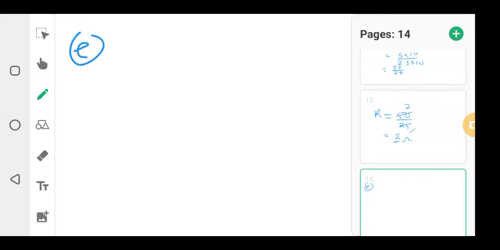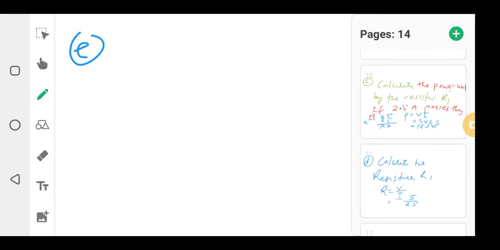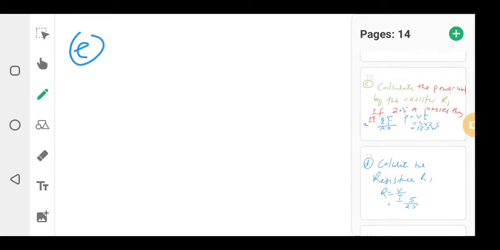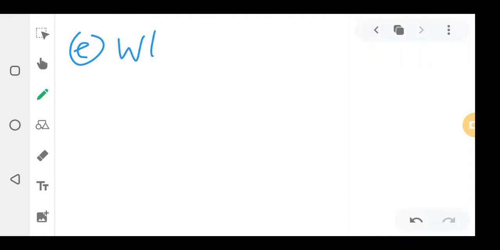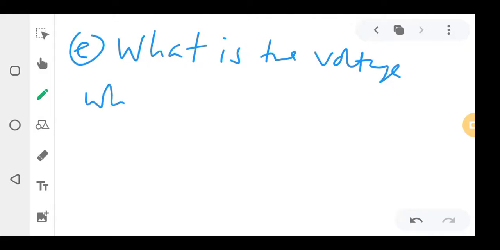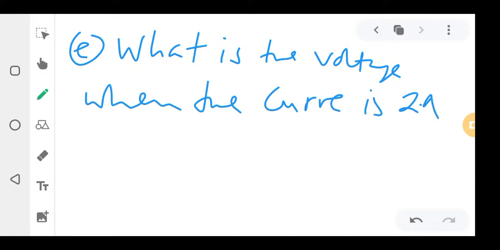I'll make a new question for you. I'll name it question E. What does question E say? What is the voltage when the current is 2 amps?